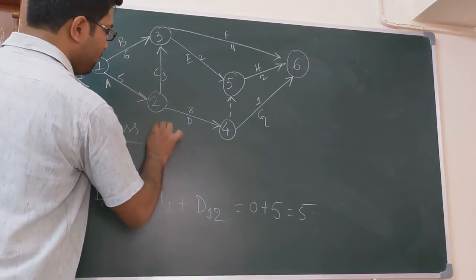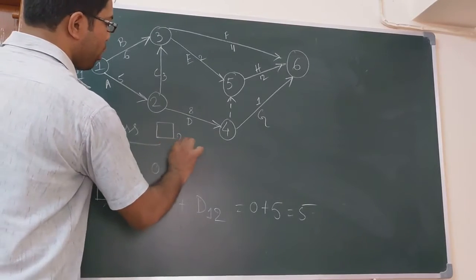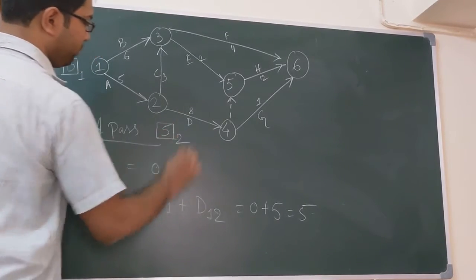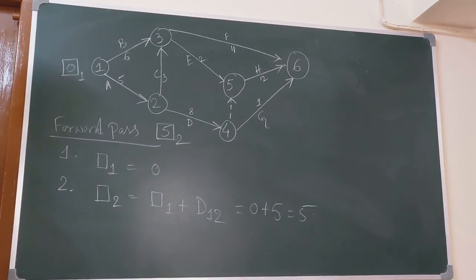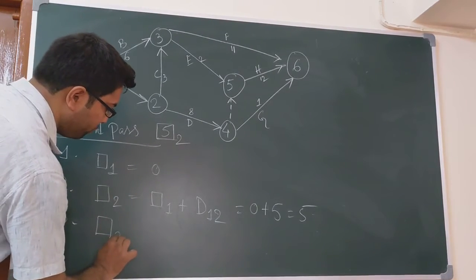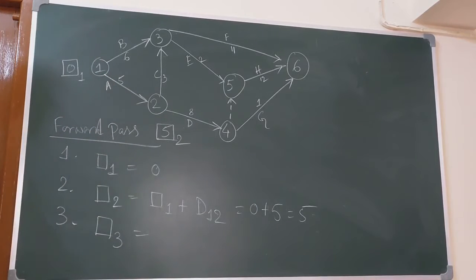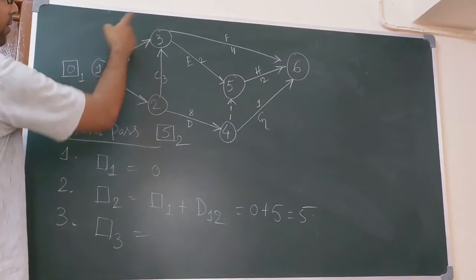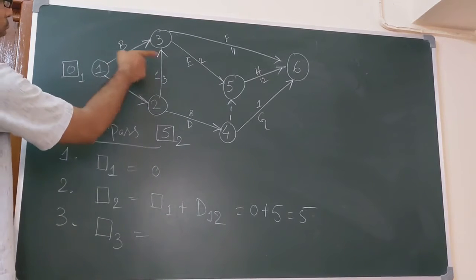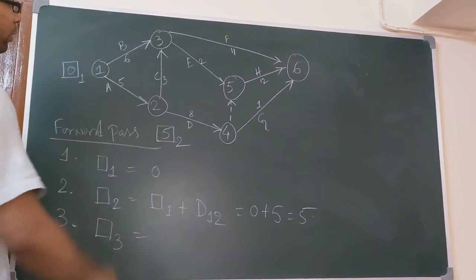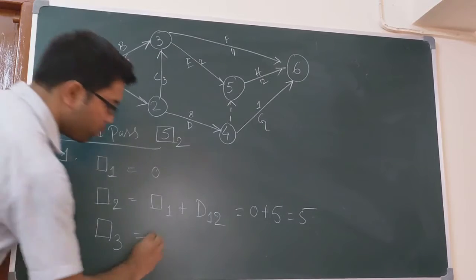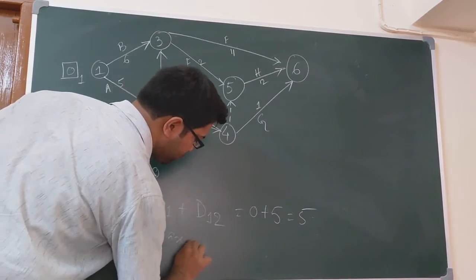So, this is the earliest occurrence of 2, that is 5. Clear? Then number 3, earliest occurrence of event 3. It has two incoming edges, B and C, two activities. So, how to calculate? Using max.